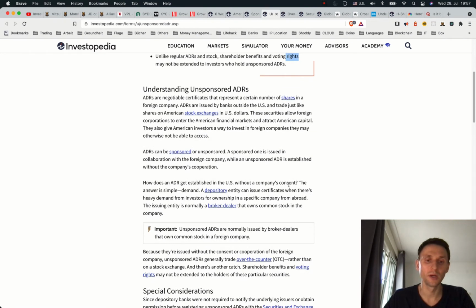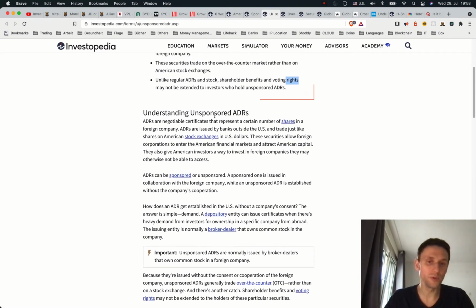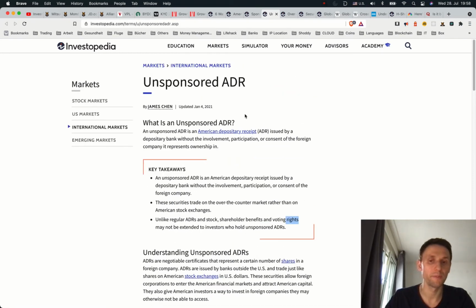Be aware. So if we compare unsponsored ADRs and sponsored ADRs, probably it's a better idea to go for sponsored ADRs, because for sponsored ADRs we always have only one ADR, a combination of depository bank and foreign company, but we can have multiple unsponsored ADRs issued by multiple depository banks.